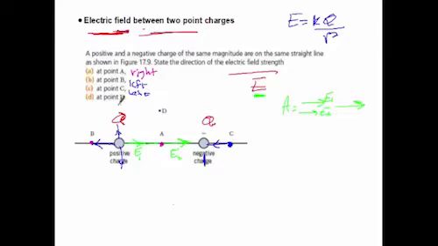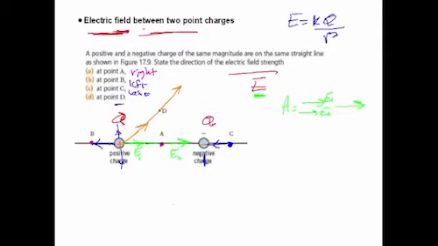Let's come to point D. This is point D. For point D, what will happen? This was a positive charge, remember, and this is a negative charge. For D, this is a positive charge. This should be the line for the field. Is it out of the charge or in? This is positive, so it will be out of the charge.